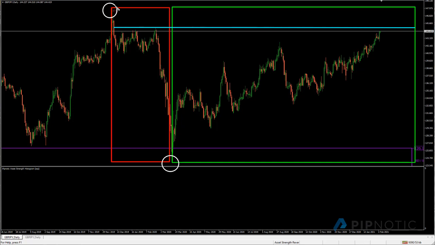If we mark that off, we have the area just here. So we have supply here. Okay, a little bit difficult to see, but you can see we have the red box here. The beginning of the sell zone is just here, so price is getting close, not quite ready to sell, but you can see that we're getting close to a sell zone for this area of supply just here.